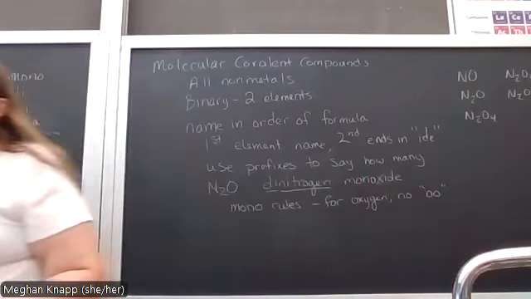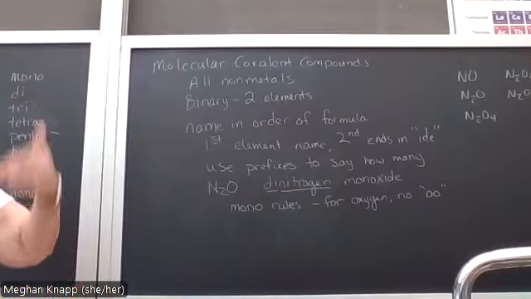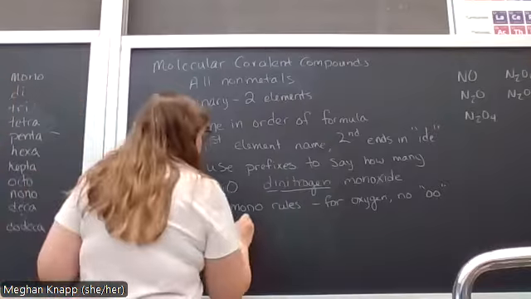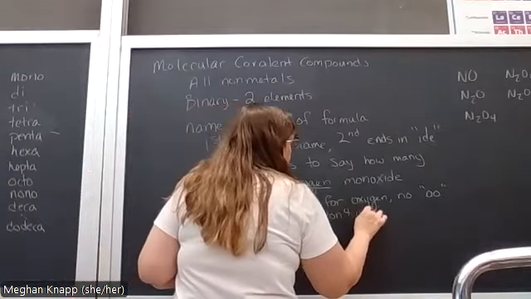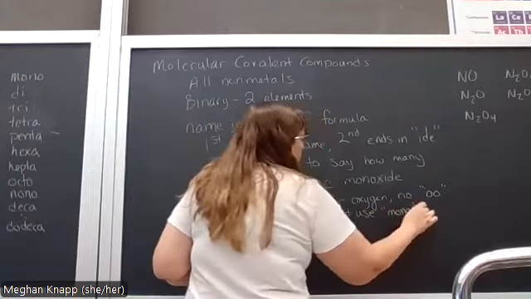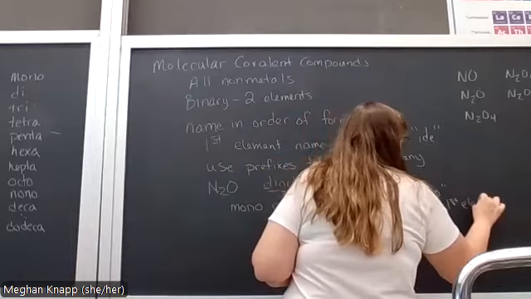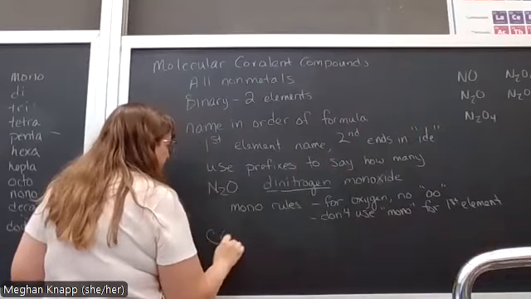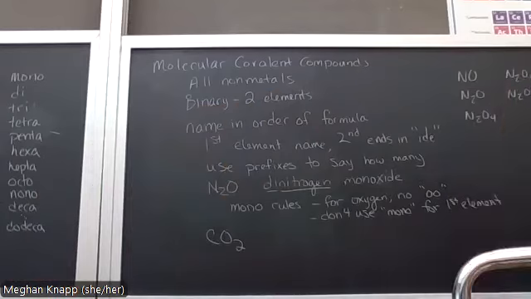You can already see that in that name. And then the second rule is that we don't use mono for the first element. So if I have this very familiar compound, I'm not going to say monocarbon.